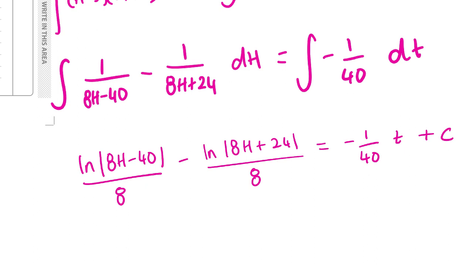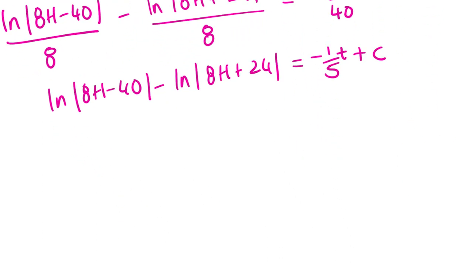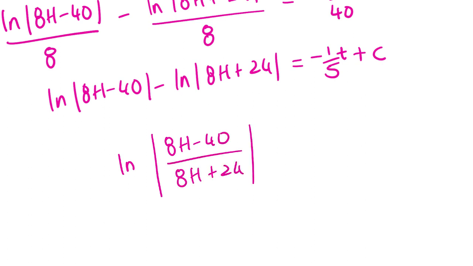Okay, first thing I'm going to do is multiply everything through by 8. So ln of 8h minus 40 minus ln of 8h plus 24 equals, what's 8 over 40? A fifth? Negative a fifth t plus c. Okay, now on this side we're going to have ln of 8h minus 40 over 8h plus 24 equals minus a fifth t plus c.